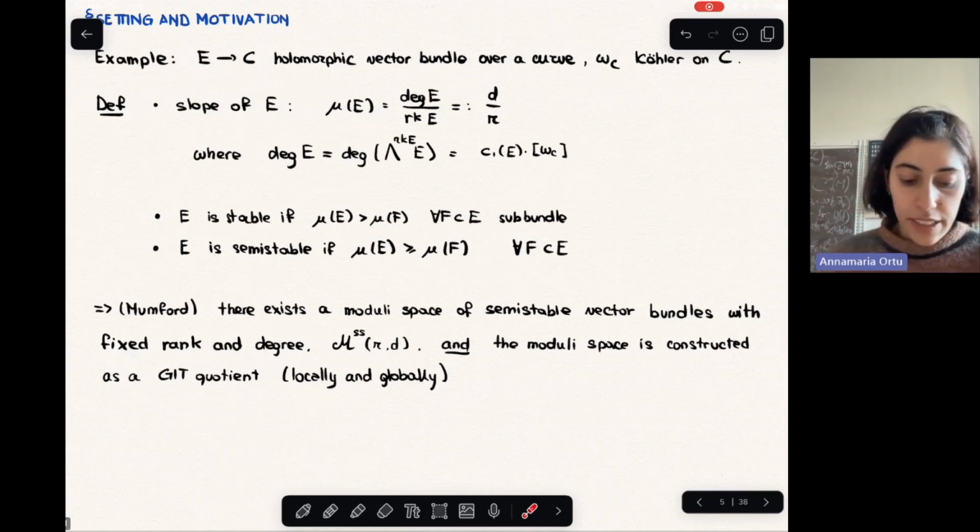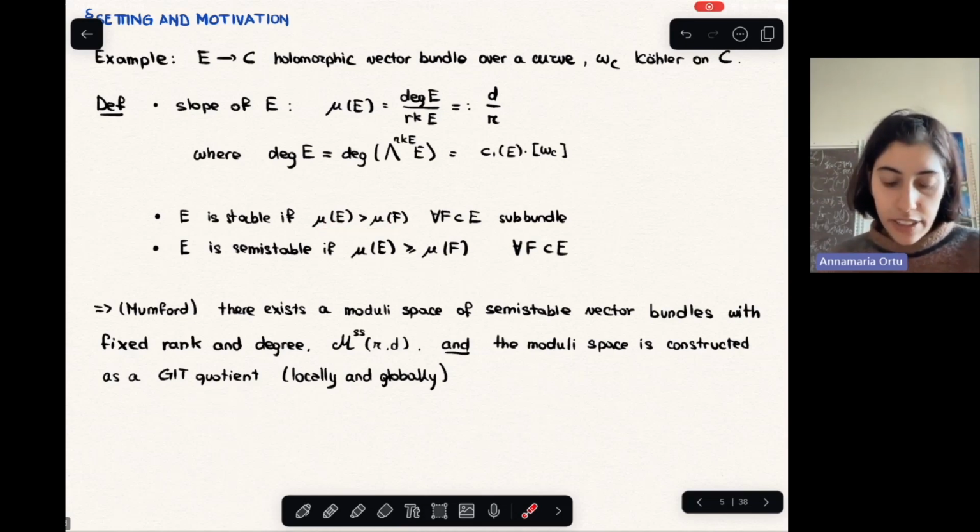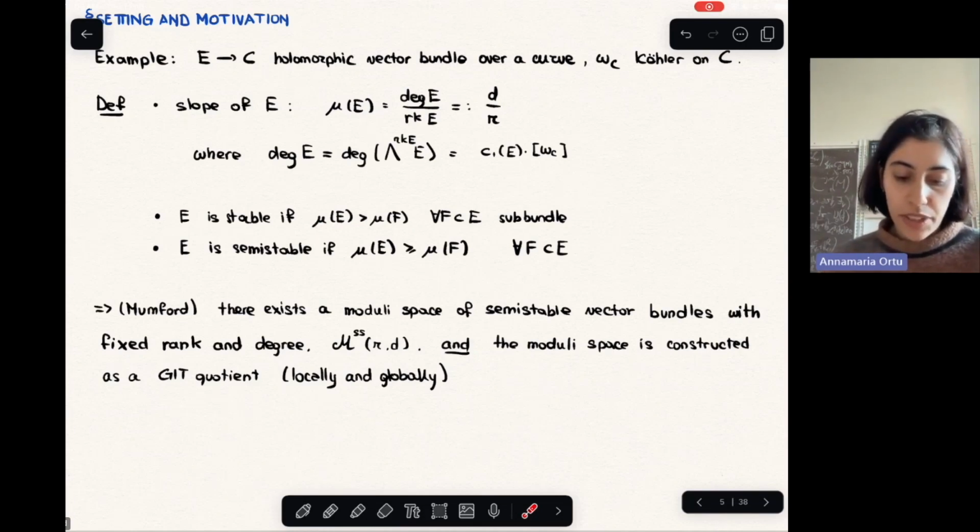And we say that the vector bundle is stable if the slope of E is strictly greater than the slope of every one of its subbundles, or subsheaves if you are on a higher dimensional base. And it's semi-stable if equality might happen.